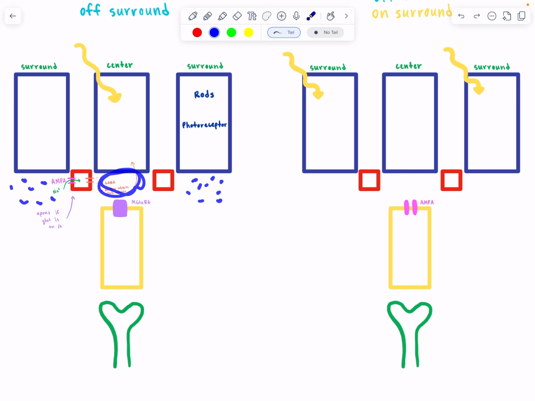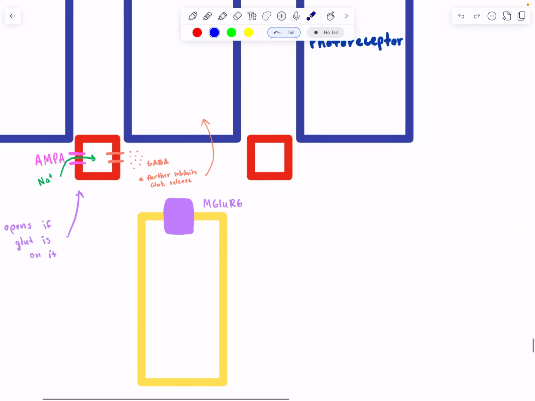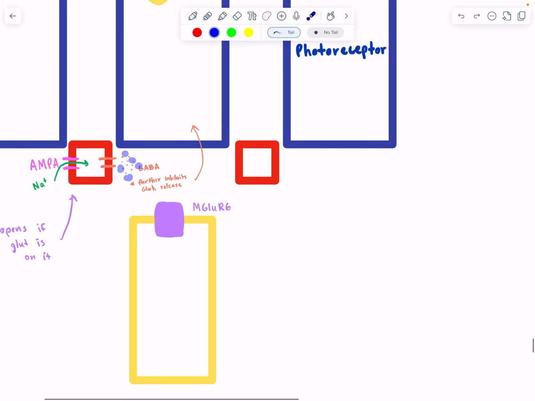When glutamate is released, it's going to come into these surrounding cells right here, which is then going to let sodium in, which then releases GABA, which then further inhibits glutamate release.